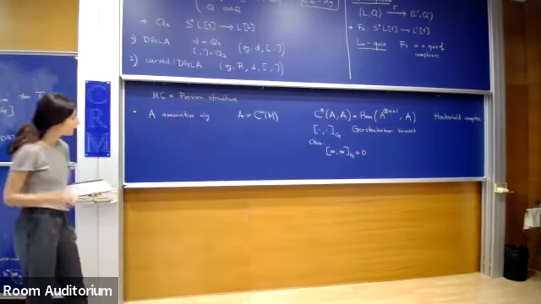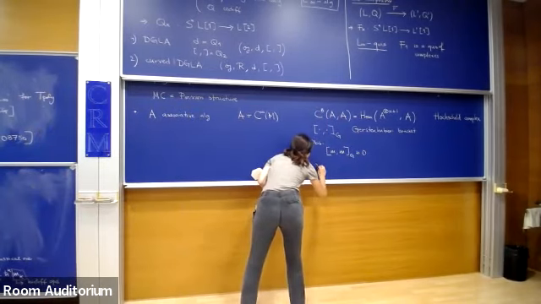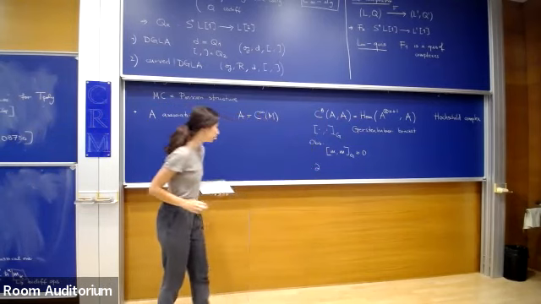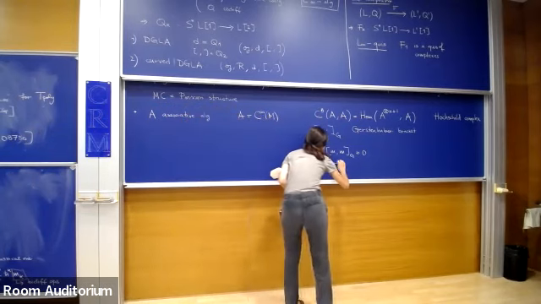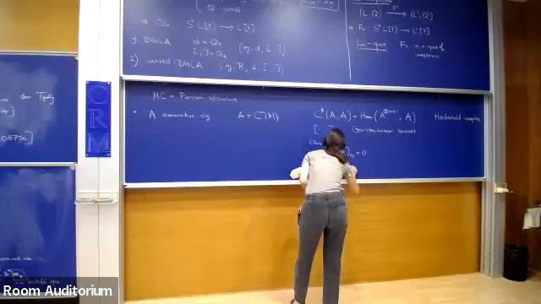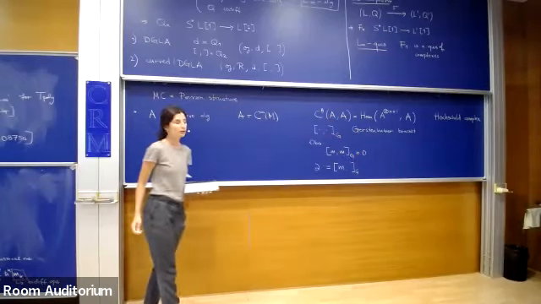We also need a differential. This is called the Hochschild differential, and it is defined in this way, out of the Gerstenhaber bracket.